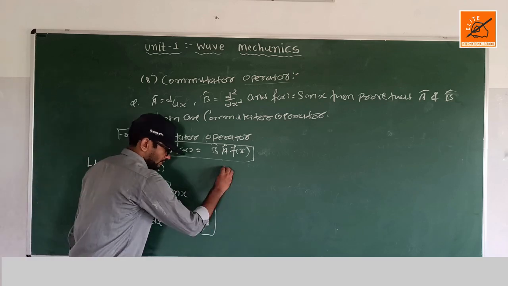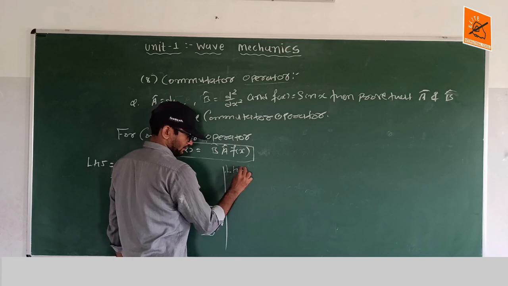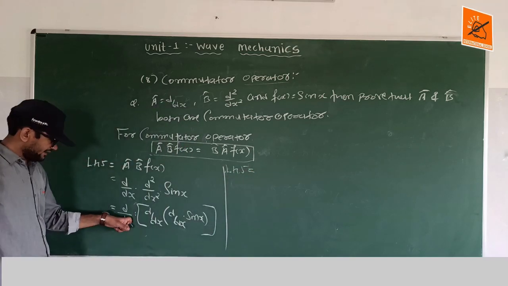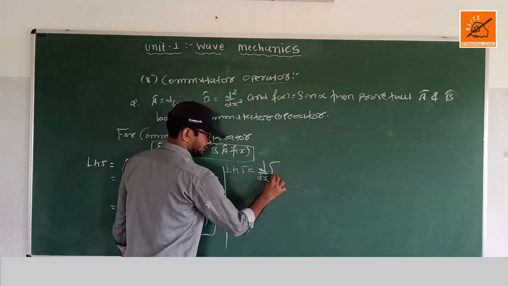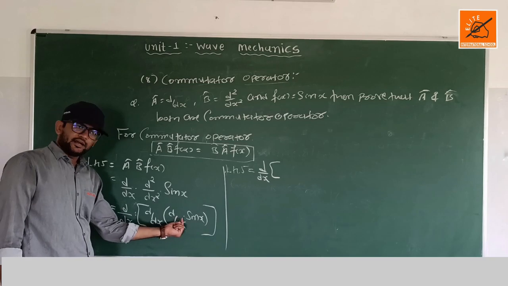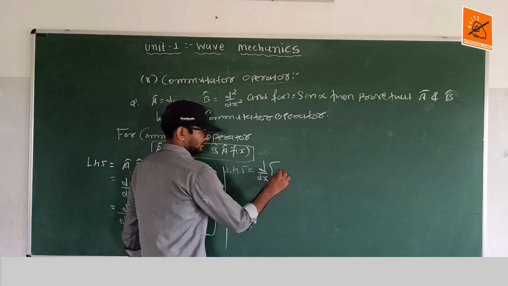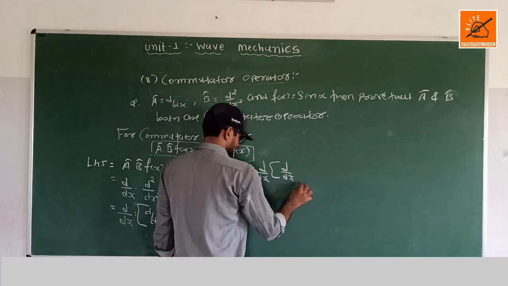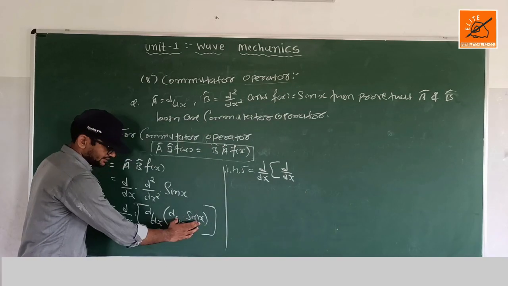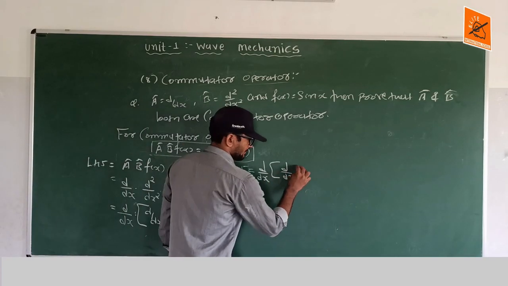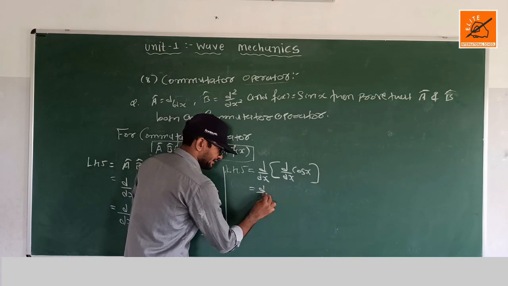So LHS will be d by dx into bracket. Now d by dx of sin x is equal to cos x. This d by dx remains as it is, and d by dx of sin x is cos x, so it is equal to d by dx of cos x.